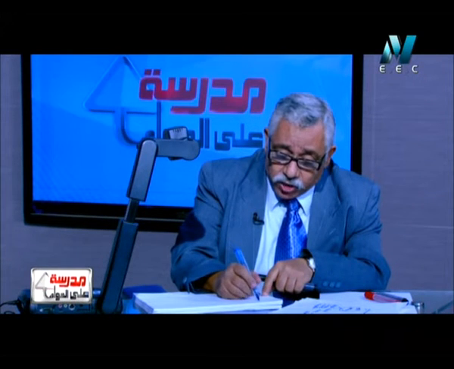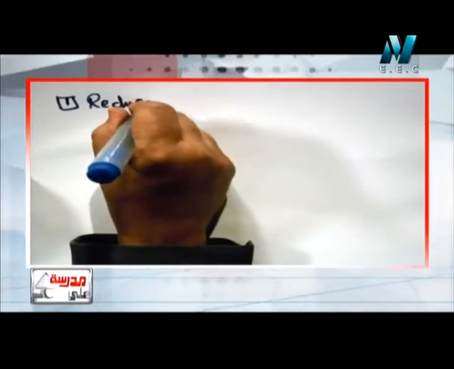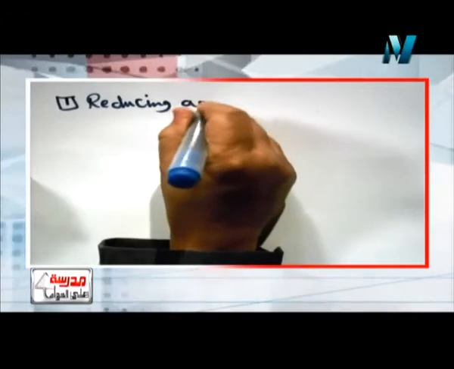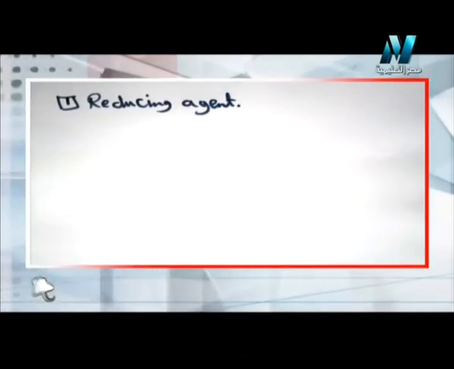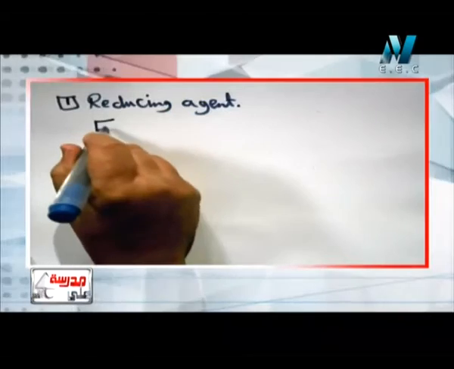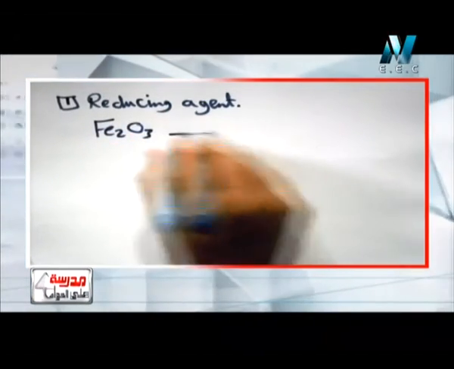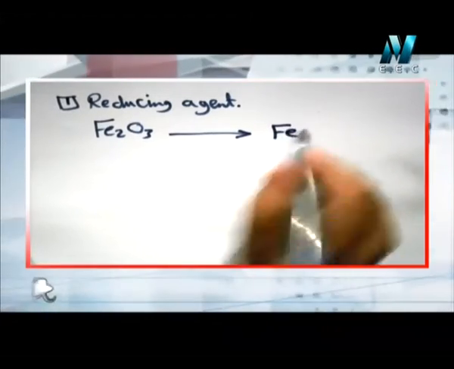Number one, reducing agent. It is a substance which can take oxygen from the ore. We need to convert the iron ore, as we said, Fe2O3, into Fe by removing oxygen. So reduction means converting the ore into iron.